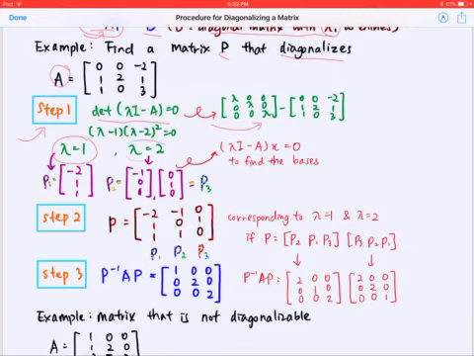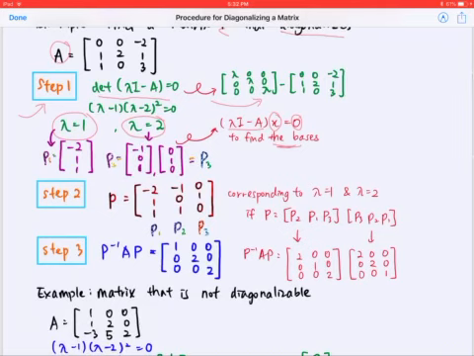You will find that lambda is 1 and lambda is 2. Then you substitute into the equation lambda I minus A multiplied by x equals 0 to find the bases. If you forgot how to find the bases, try to watch back the previous lesson on how to find the bases for all the eigenspaces.